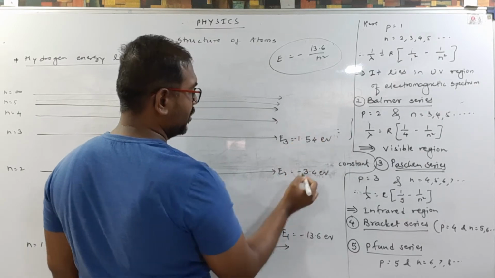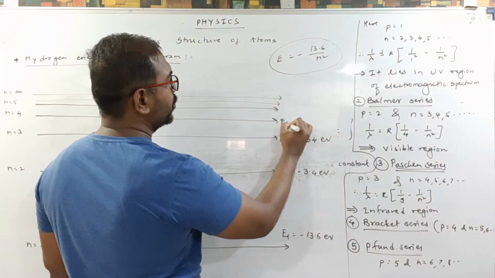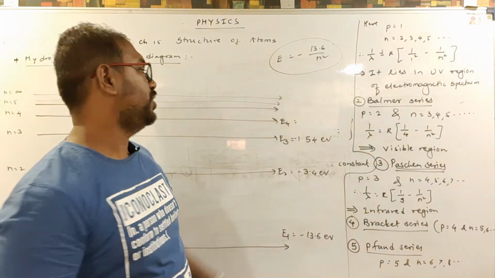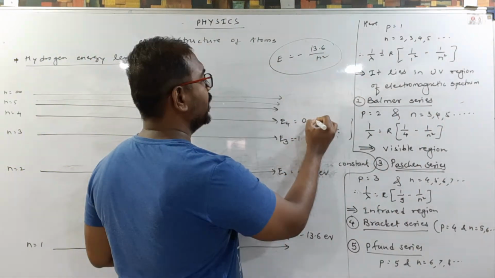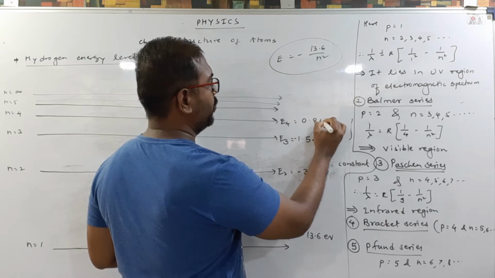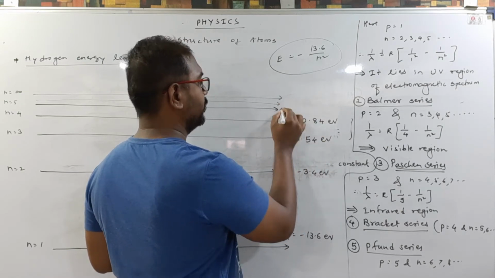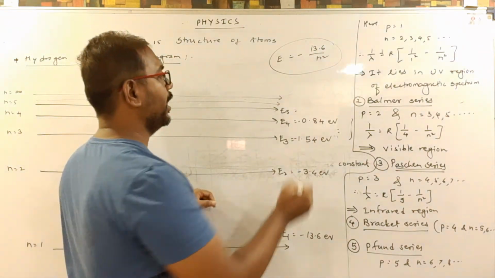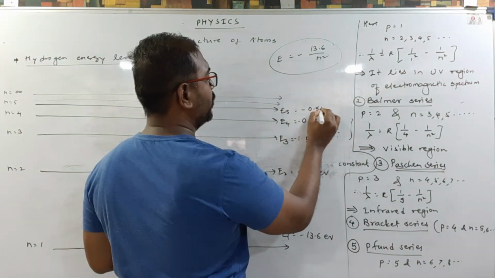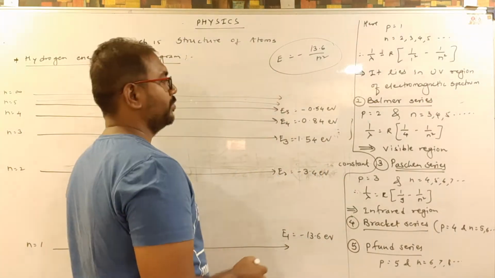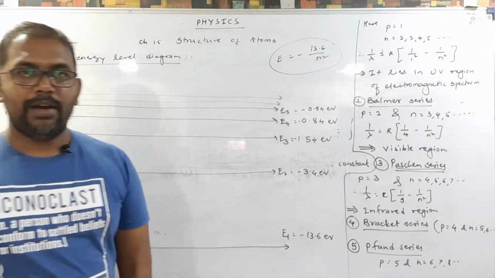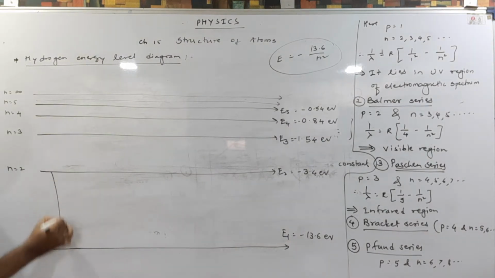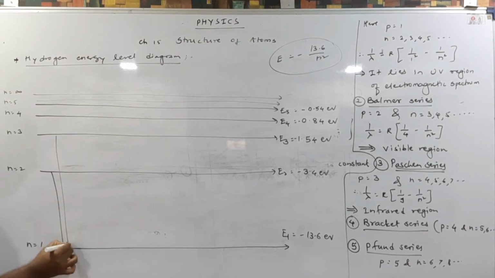For the fourth orbit, 13.6 divided by 16 is minus 0.85 electron volt. For the fifth orbit, 13.6 divided by 25 gives minus 0.54 electron volt, and so on.